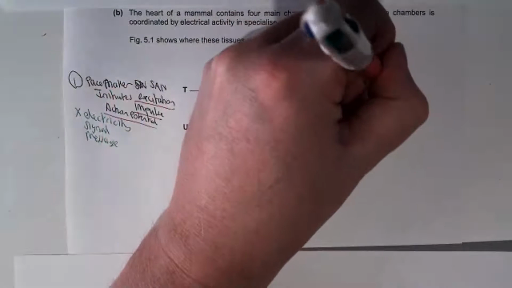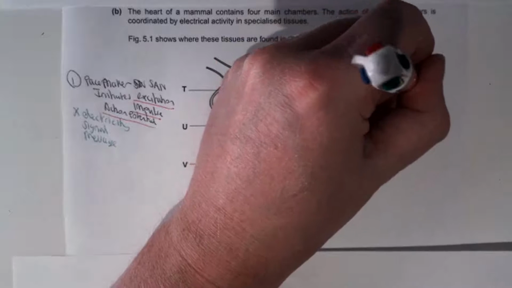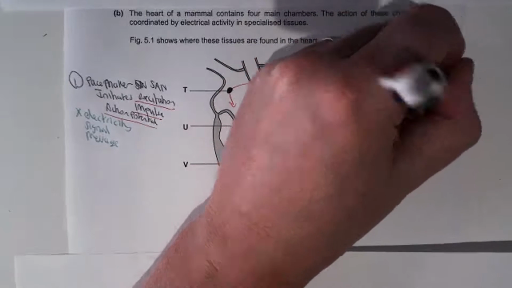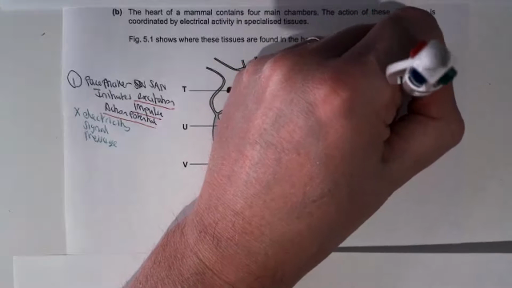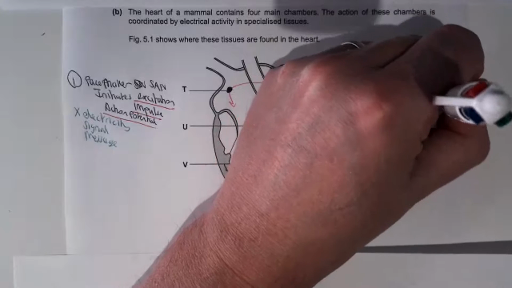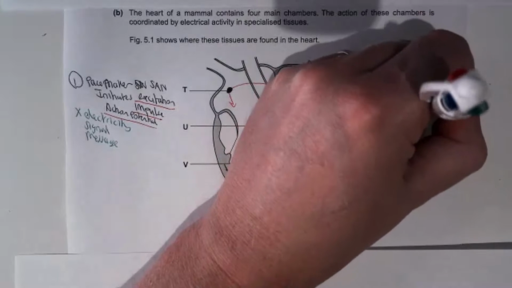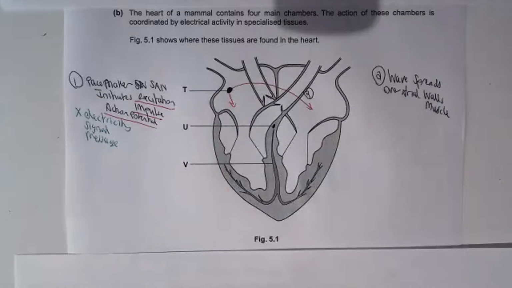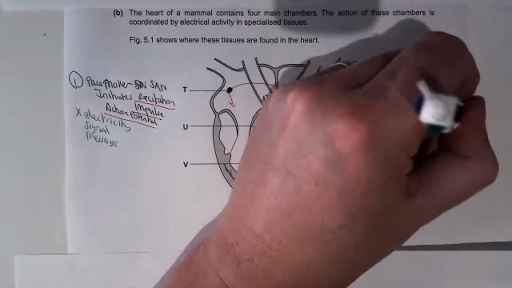Number two, the wave of excitation or the action potential spreads over the atrial walls or muscle. You can't just say it spreads over the atrial or over the atria. You've got to talk about walls or muscle.